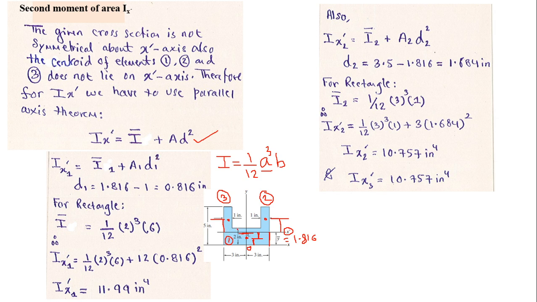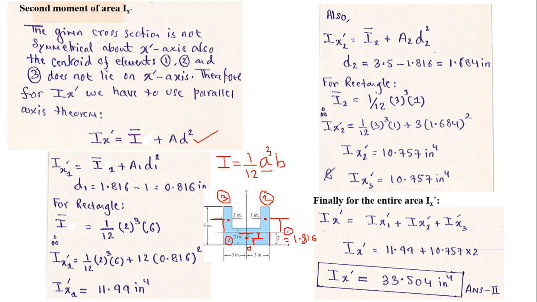Now since all these shapes are being added to make up this total area, that is why you will be just adding them, simply add them, because in order to come up with this entire cross section you have to add shape number 1, add shape number 2 and add shape number 3 together.